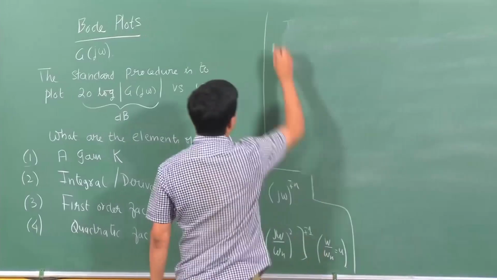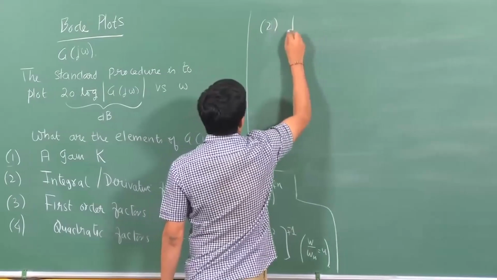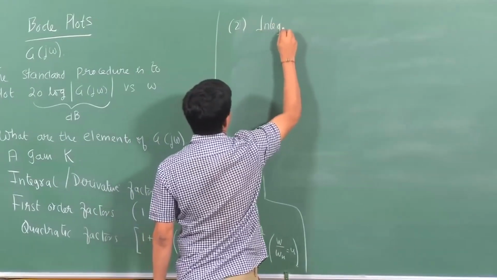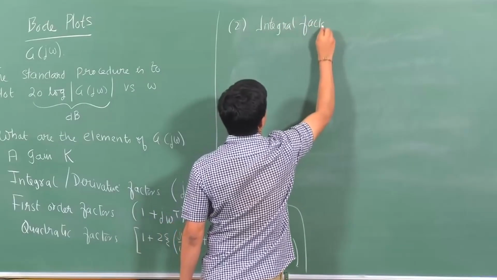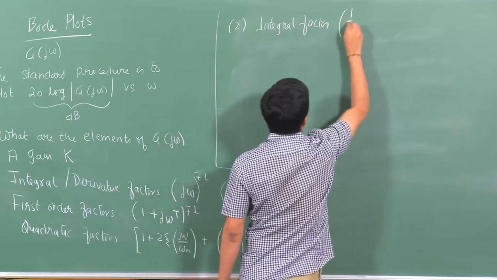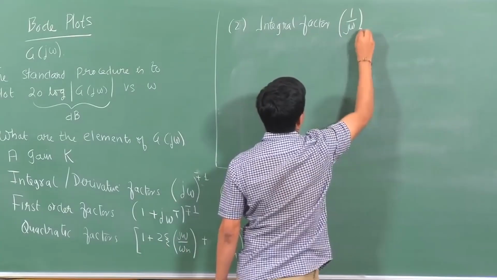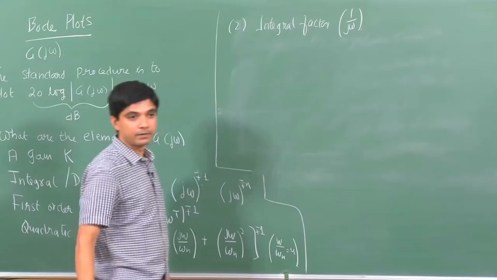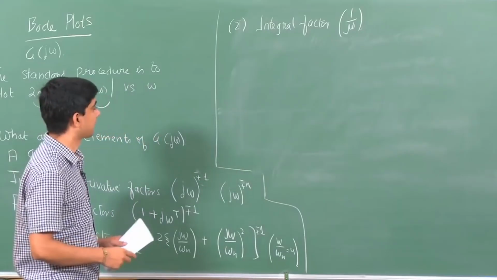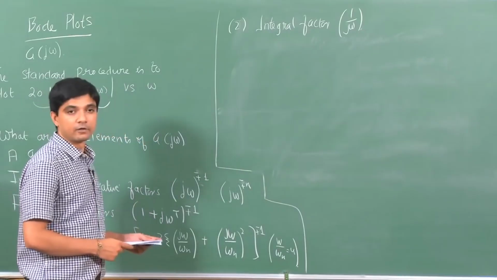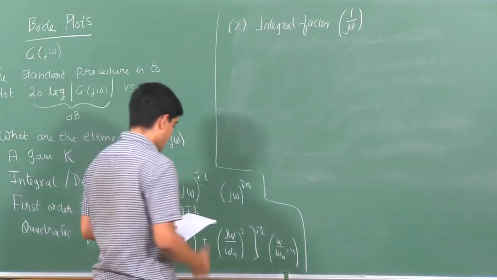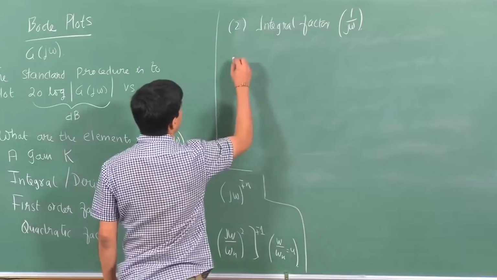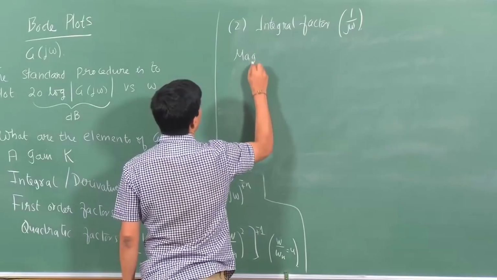Okay, so let me take the integral factor, one over j omega. This was good for us because it helped in the steady state analysis; adding an integrator always helps in reducing the steady state error, as we saw. How will the magnitude look?